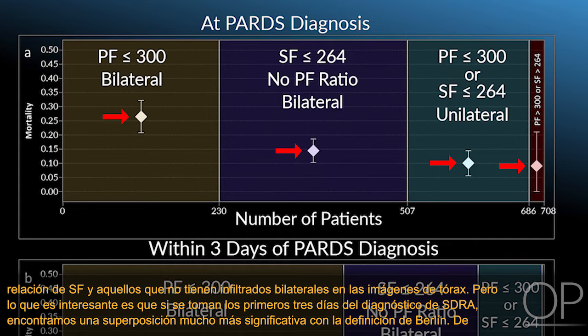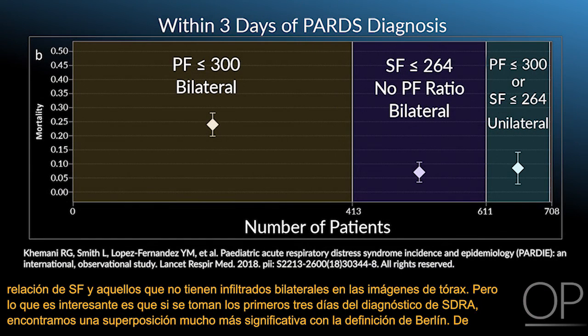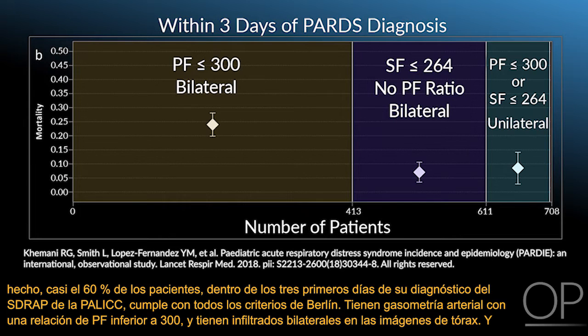But what's interesting is that if you go for the first 3 days of ARDS diagnosis, now there's a much more significant overlap with the Berlin definition. In fact, almost 60% of patients within the first 3 days of their PALICC PARDS diagnosis meet all Berlin criteria. They have an arterial blood gas with a PF ratio less than 300, and they have bilateral infiltrates on chest imaging.